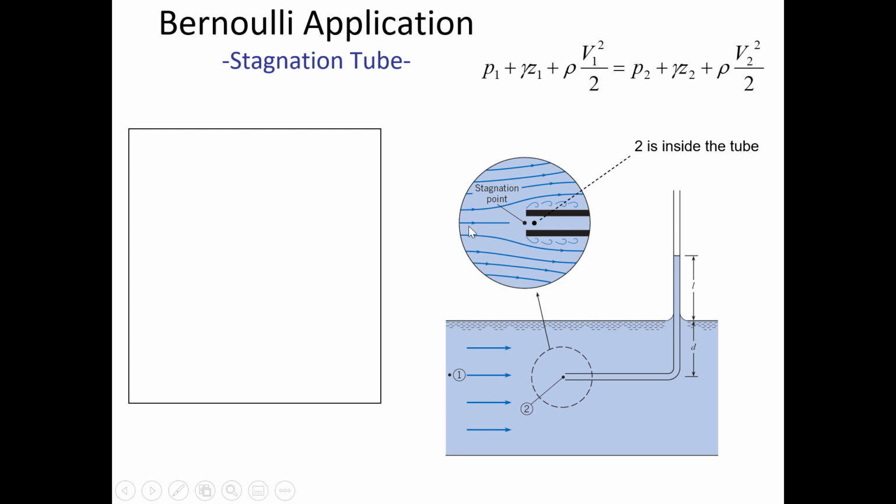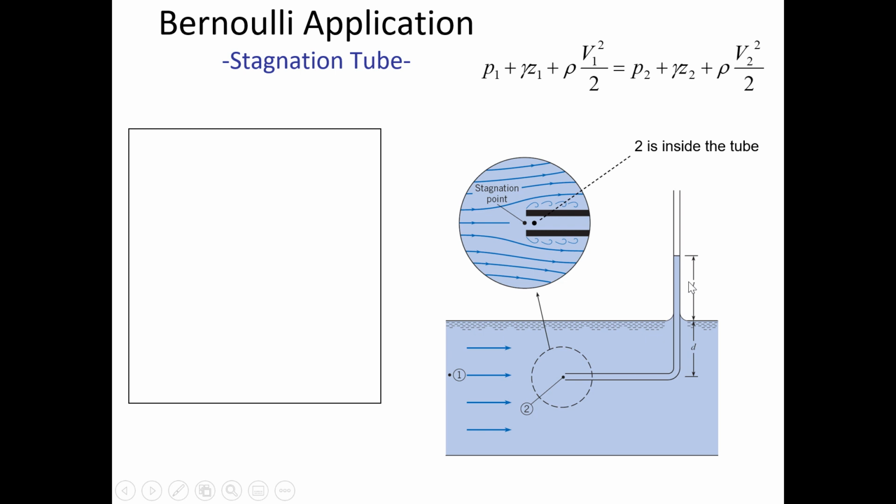But then, if we follow the streamline, some of the streamlines above location 1 will go up and around the stagnation tube. Some of the streamlines below it will go below the stagnation tube. But then there is a streamline that terminates right at the stagnation point. And that causes the increase in pressure that causes a rise of fluid inside of the tube.